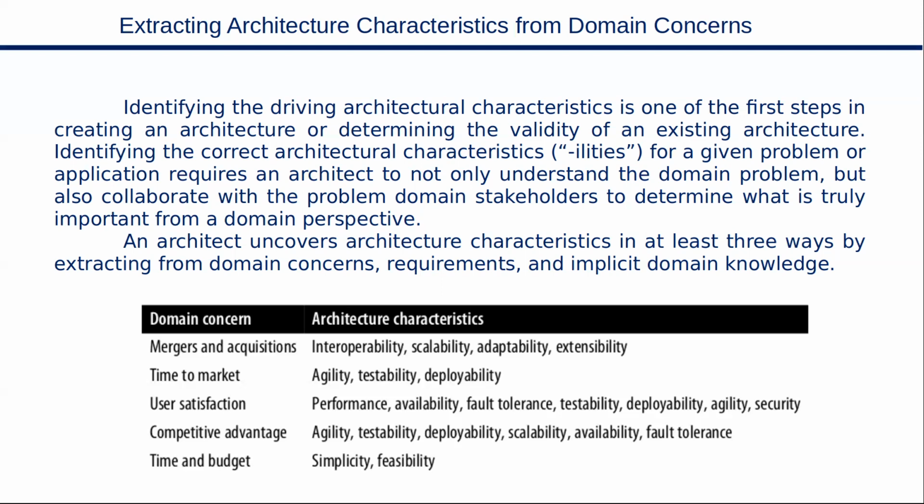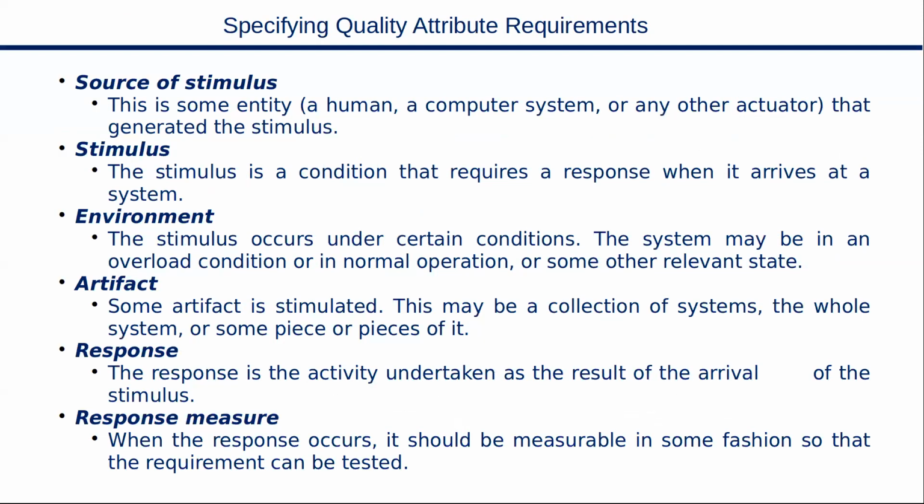Now let's move to another step. It is specifying quality attribute requirements. These quality attributes or architectural characteristics have to be testable. We have to use a common form to specify all quality attribute requirements.